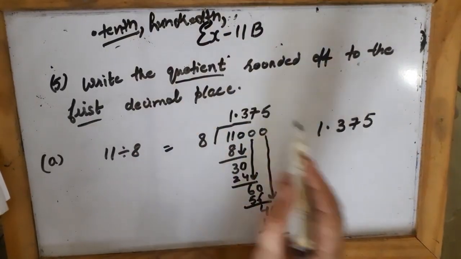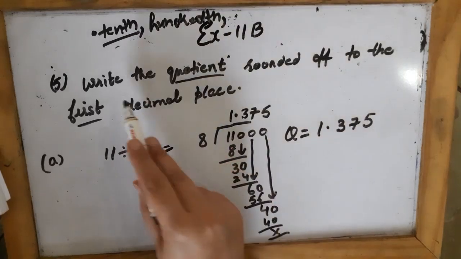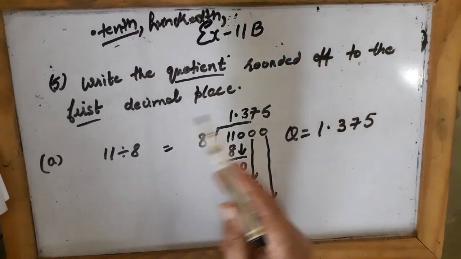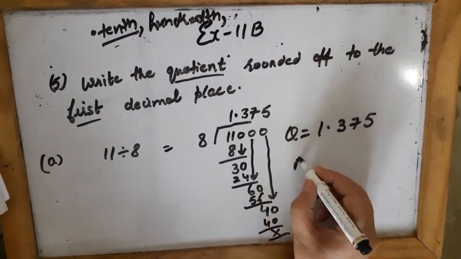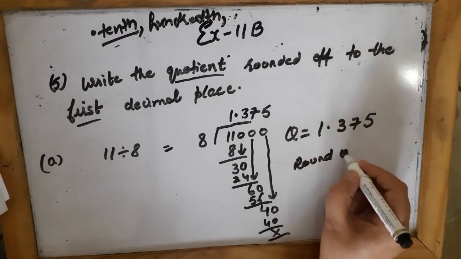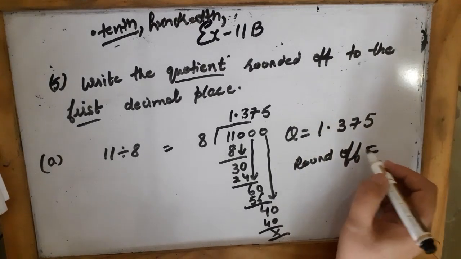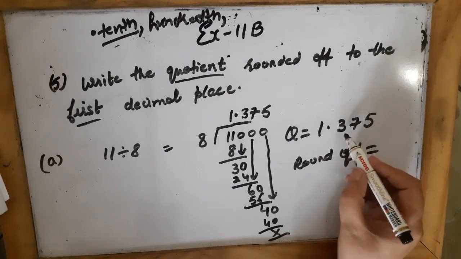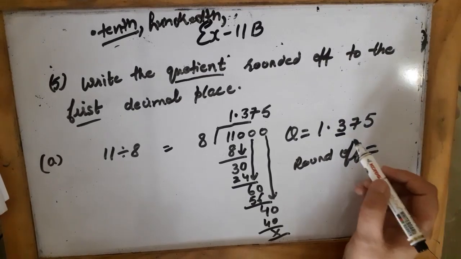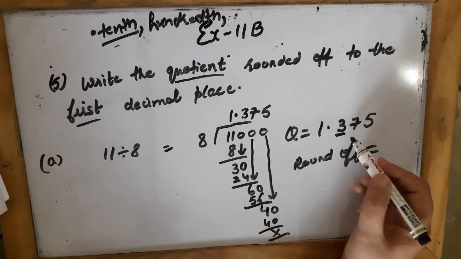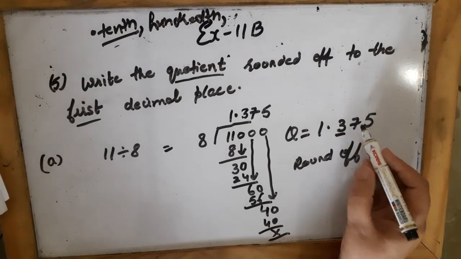1.375. Now they are saying this is the quotient, and they are saying write the quotient rounded off to first decimal place. Now I have to round off this quotient. So to the first decimal place, this is the first decimal place. First decimal place means the 10th place. So I have to round off this decimal number now.